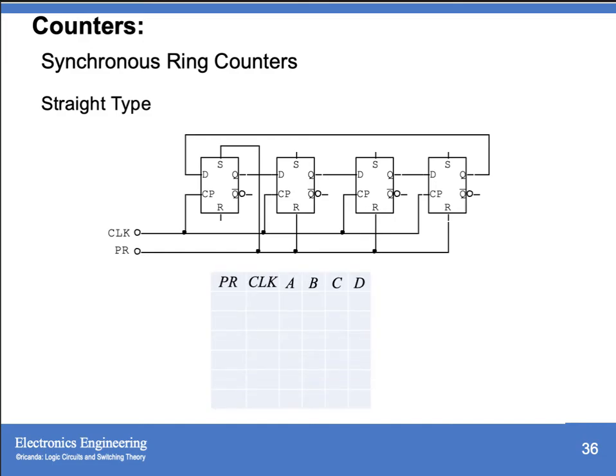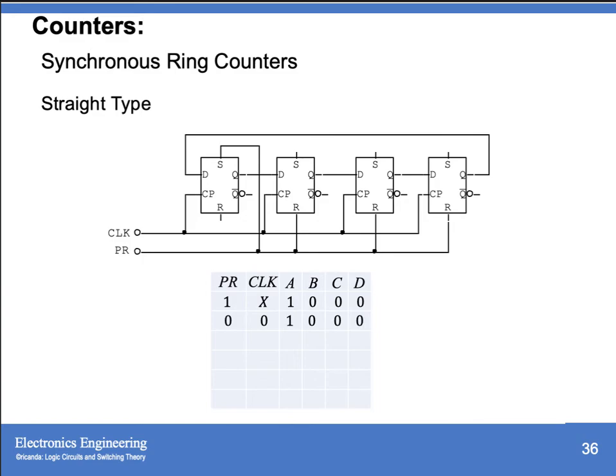So if this is our counter table, we have preset, the clock, and your latches A, B, C, and D. If preset is equivalent to 1, your A is 1, B is 0, C is 0, and D is 0 because it will clear all your B, C, and D, but set 1 to your A.